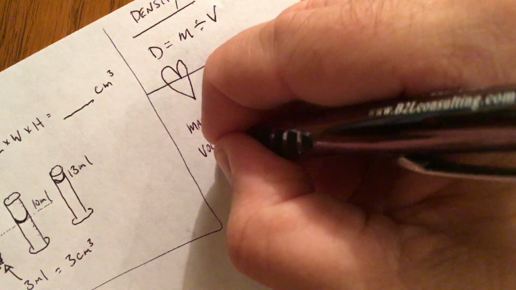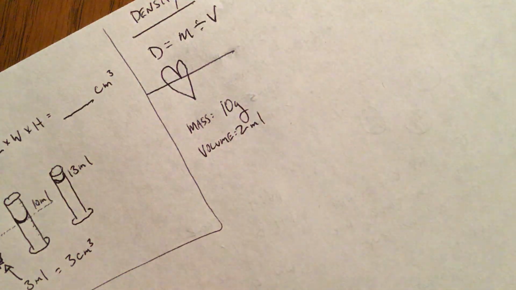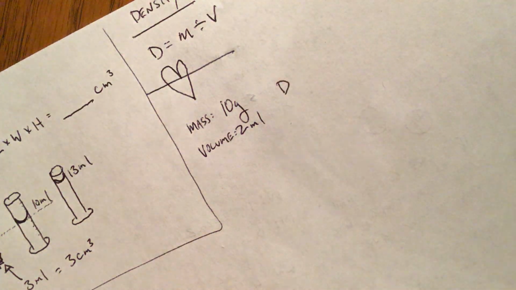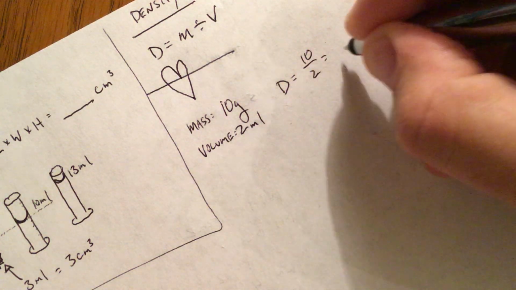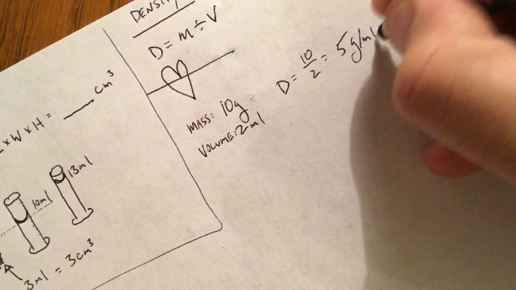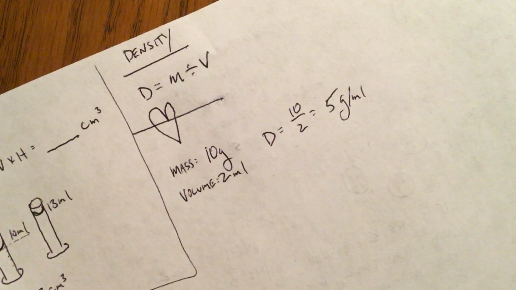And then you're also given the volume, which might be 2 milliliters or 2 centimeters cubed. To find that density, we would divide 10 by 2, and we would get 5 grams per milliliter, or it could be grams per centimeter cubed, depending on the problem.